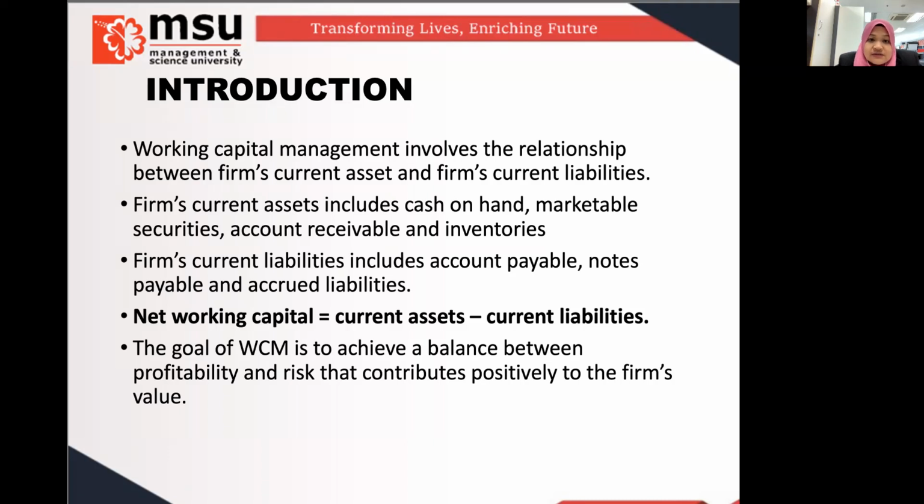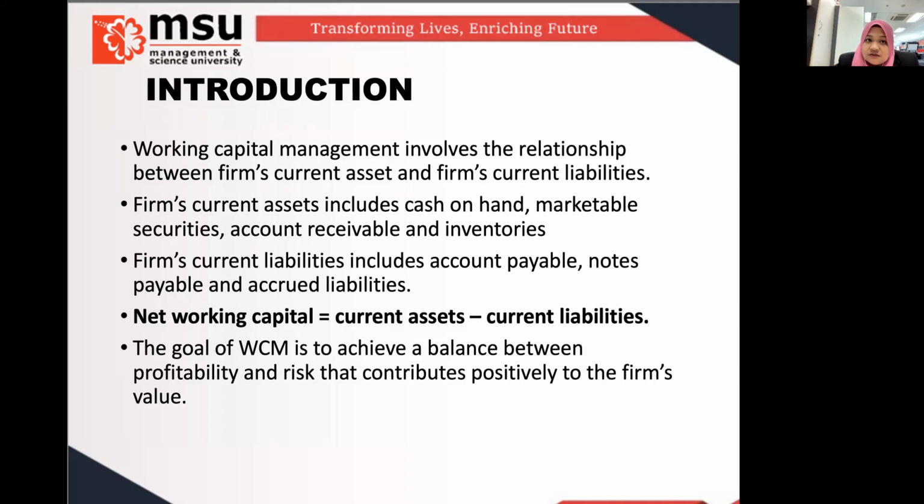All right, current liabilities include accounts payable. Okay, accounts payable, it is our supplier. So we buy products or materials from a supplier, but the payment is deferred. We do the payment at the end of the month.